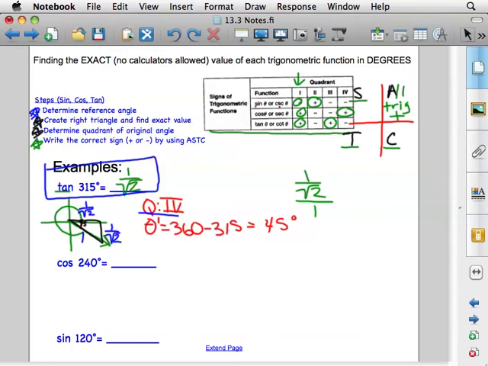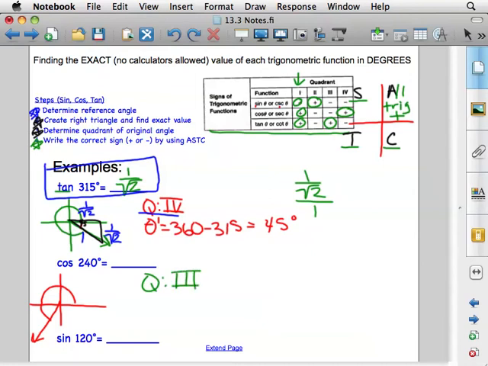So next we have cosine of 240. First let's sketch this. We start at our initial side and wrap around. It's over 90, it's over 180, and it's not quite up to 270. So if we draw this in, we know that we're in the third quadrant.